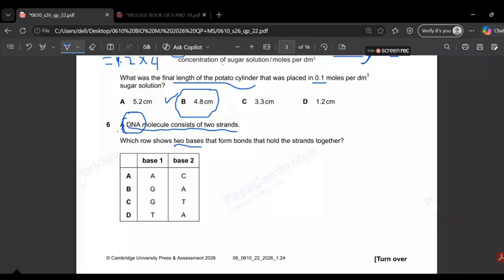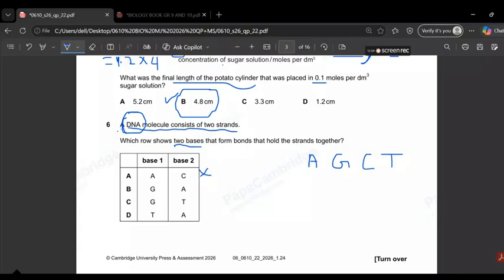So when we talk about DNA, actually we talk about adenine, guanine, cytosine, and thymine. AGCT. These 4 nitrogenous bases we talk about. Okay, so which row shows 2 bases that form bonds that hold the strands together? If you look at base 1 and base 2, option A says AC. A never goes with C, never. So wrong, excluded.